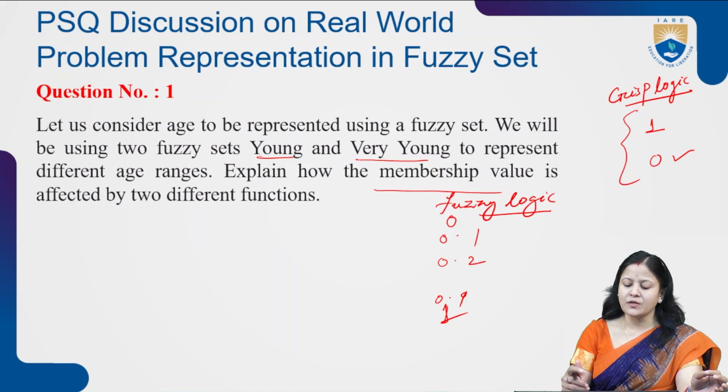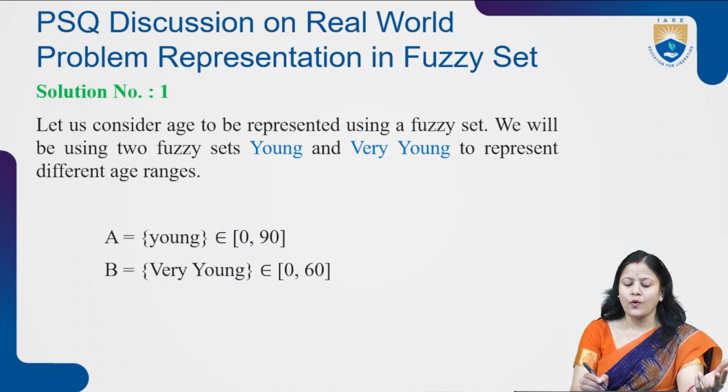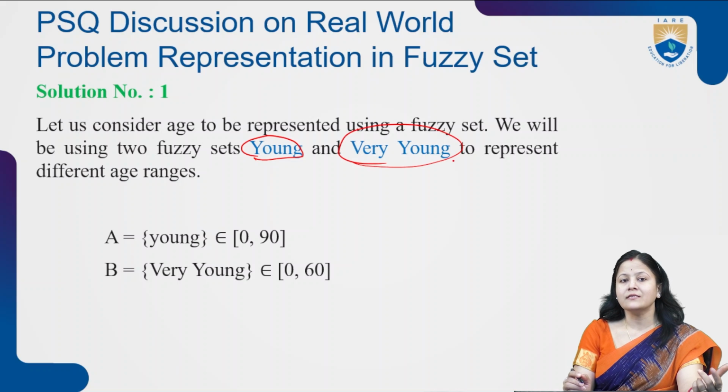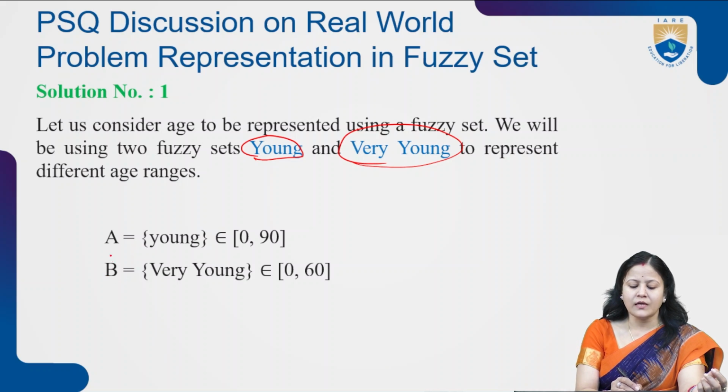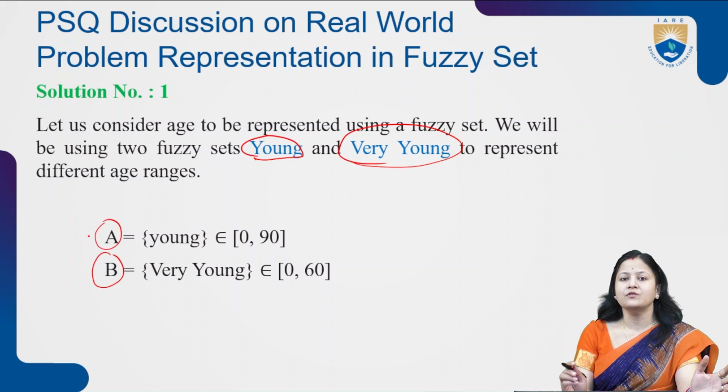Now, how this membership value is affected for these two sets, we will discuss with the help of the graph. Here we are considering two sets, one is the young set, another one is the very young set. Let us consider set A is the young set and set B is the very young set. A is young and B is very young.